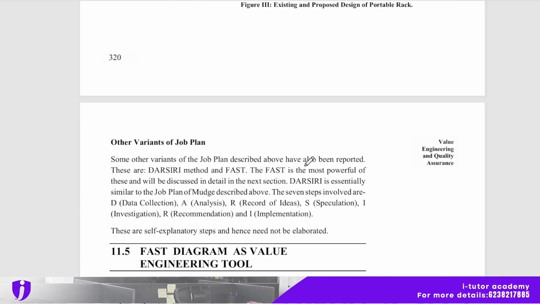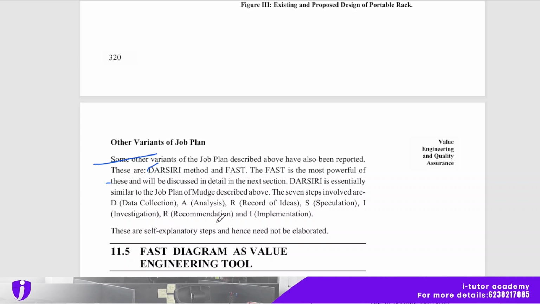And now, other variations of the job plan. Some other variants of the job plan described above have also been reported. These are the DARSIRI method and FAST. FAST is the most powerful of these and will be discussed in detail in the next section. DARSIRI is essentially similar to the job plan of Mudge described above.